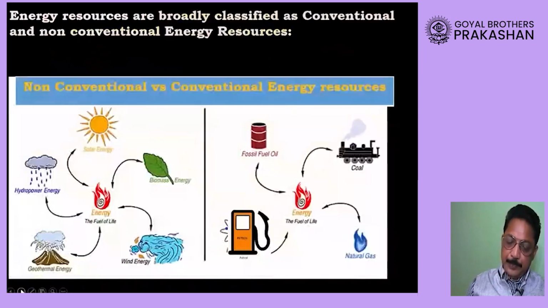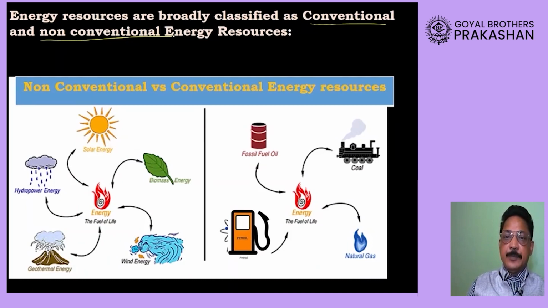Now, these energy resources are classified as conventional energy resources and non-conventional energy resources. If I ask you a question, which energy would you be using in our day-to-day life for cooking food?